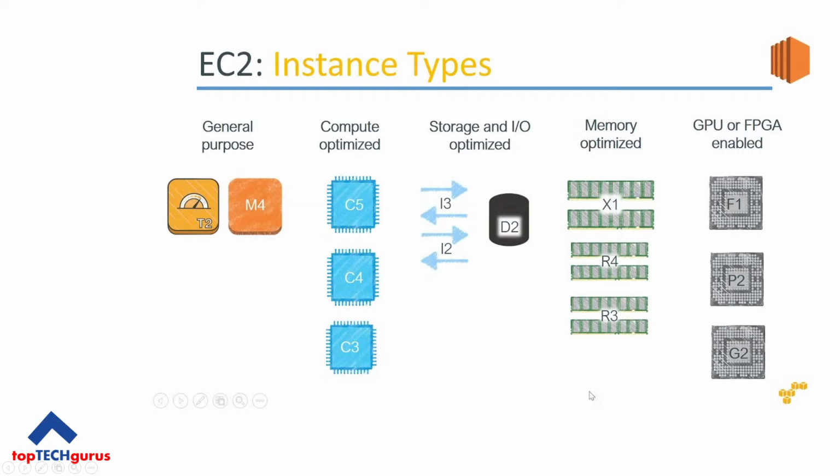Another important thing we need to understand about EC2 instances is the types of EC2 instances. They're not going to go very deep into this, but you need to understand what the types are and why those are being offered. The general purpose ones have a typical balance between the memory, storage, and compute power.